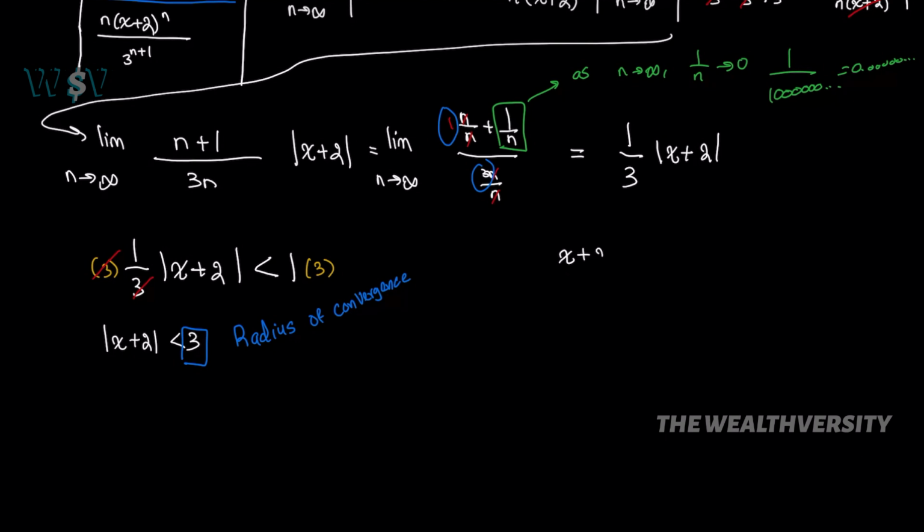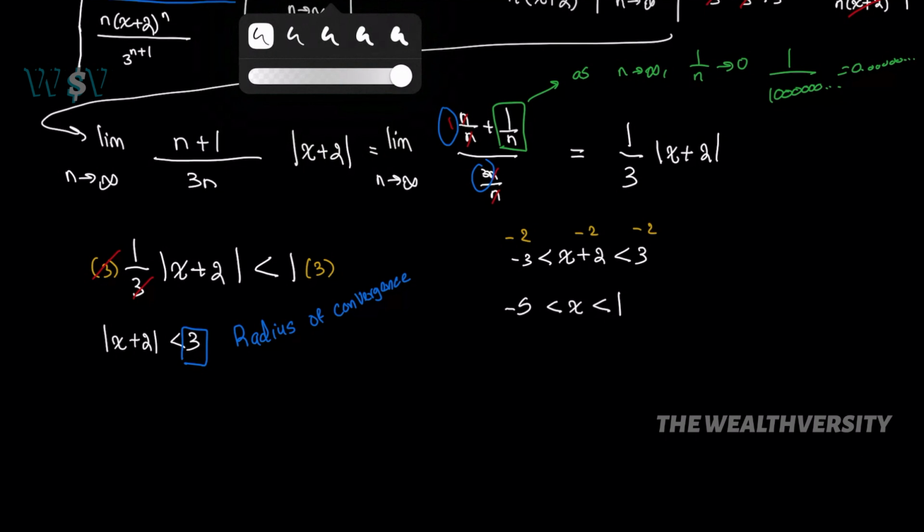Now our interval of convergence will be x plus 2 is less than 3 but greater than negative 3, and we got this number from our radius of convergence, except it's positive on the right side and negative on the left side. We isolate for x by subtracting 2 from all sides, and we get x is greater than negative 5 and less than 1.